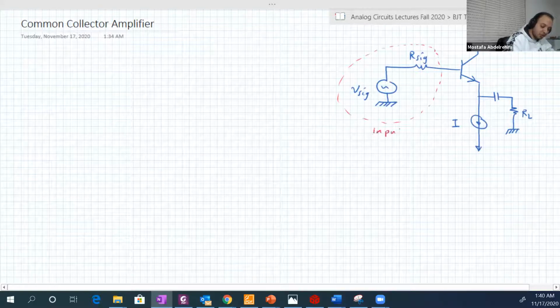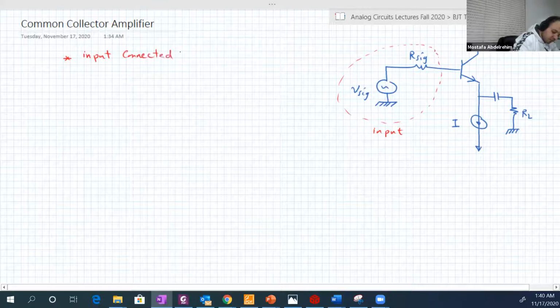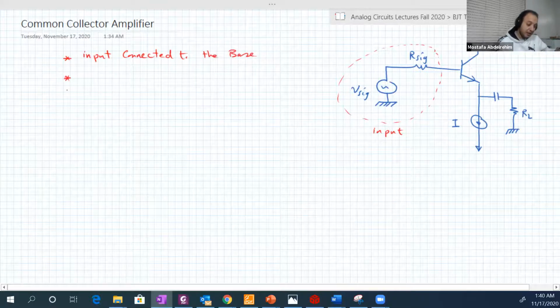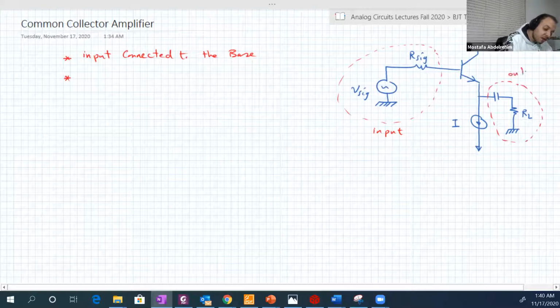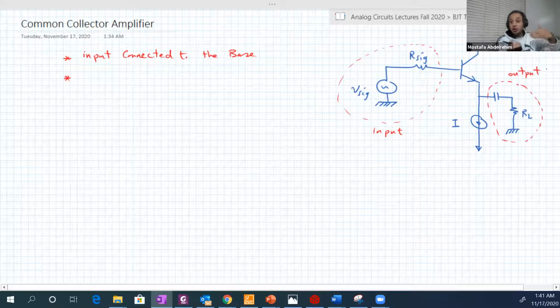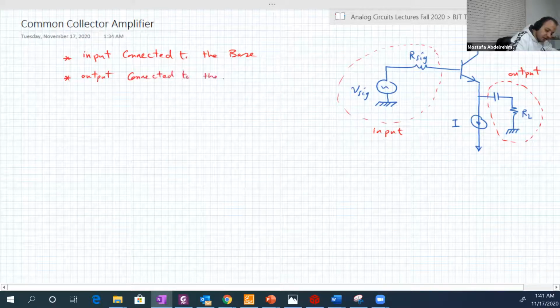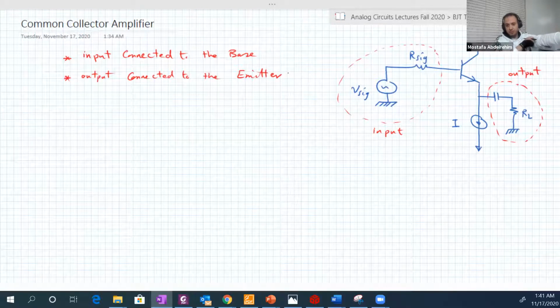This is the input connected to the base. And here is the output. The output is connected to the emitter. Since the collector has no input or output connected to it, it's common for us.